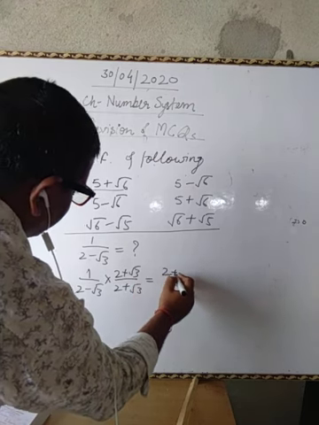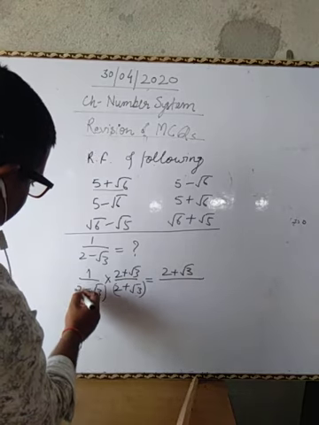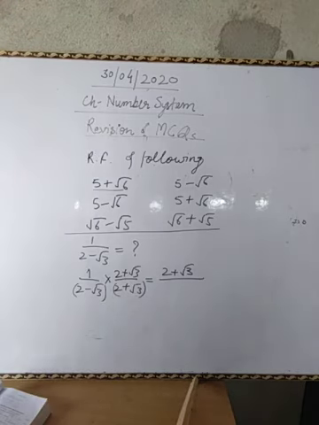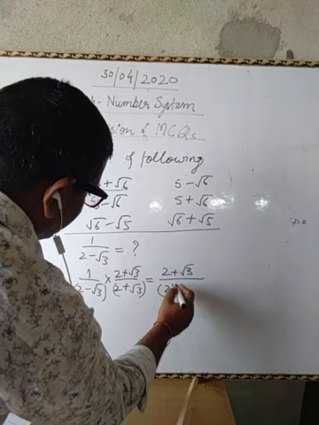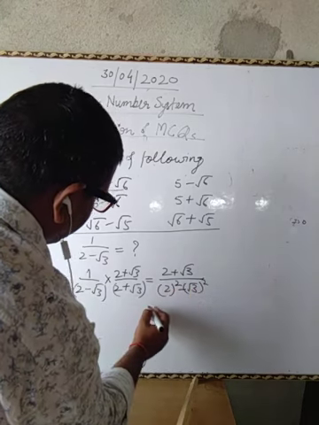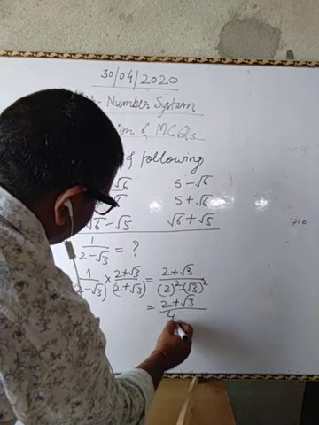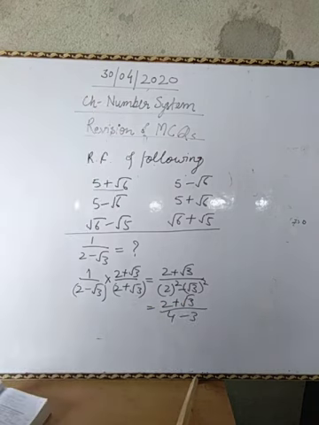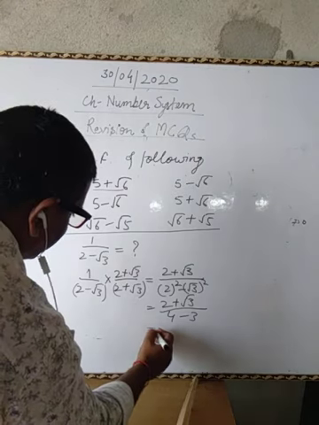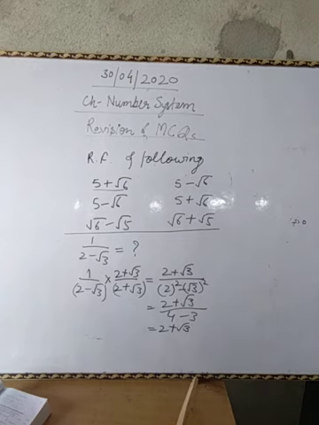The denominator is in the form of the difference formula. So, this will be 2 square minus root 3 whole square, which is 4 minus 3, and 4 minus 3 is 1. Therefore, the answer will be 2 plus root 3.